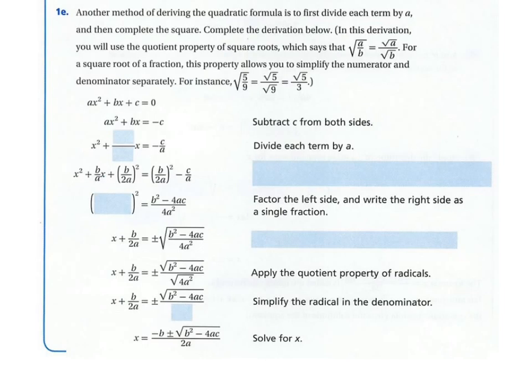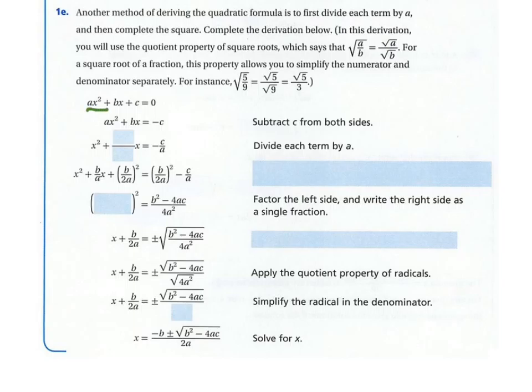All right. Another method of deriving the quadratic formula is to first divide each term by a and then complete the square. So I'll let you work through this. So pause and then come back when you're done. Welcome back.